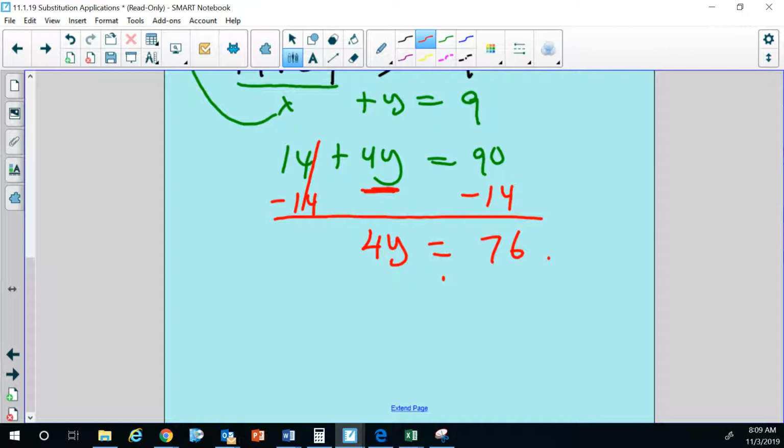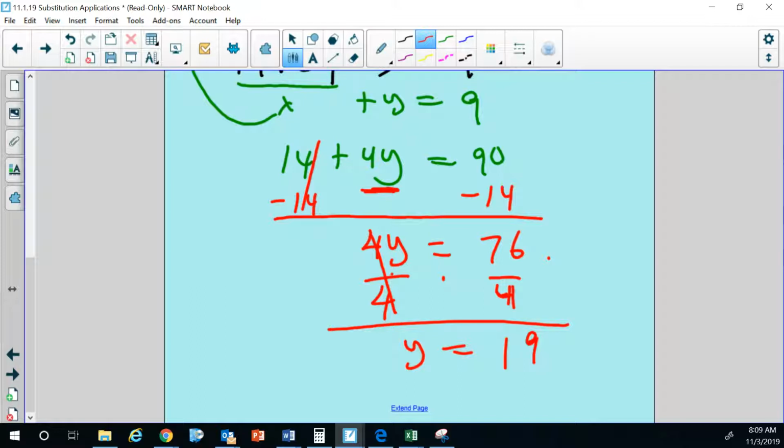All right? Now I need y by itself. Therefore, I have to divide by 4 on both sides. That goes away, and that leaves me y is equal to 76 divided by 4. That's 19.